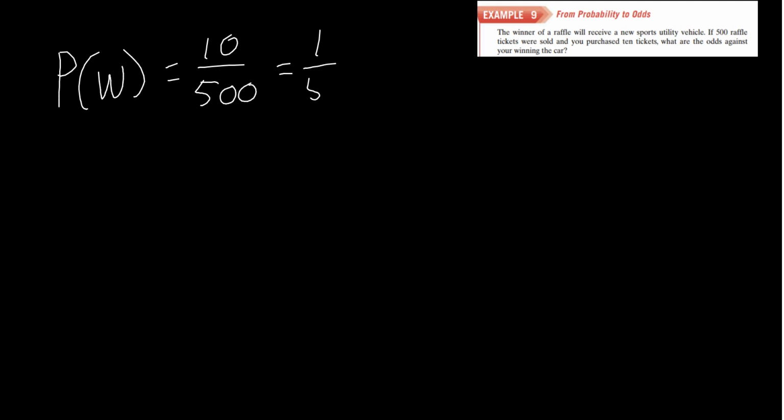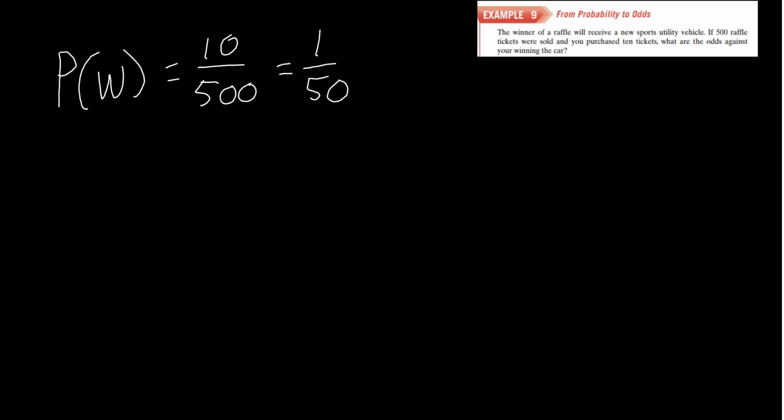Well, if I bought 10 tickets and there are 500 tickets that actually sold, then the probability of me winning is going to be 10 over 500, that can be reduced to 1 over 50. Okay, so that is the probability of me winning.